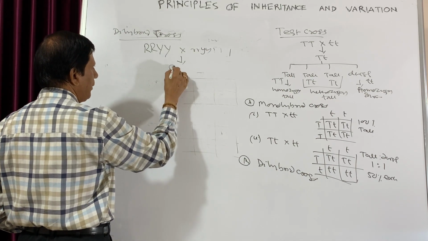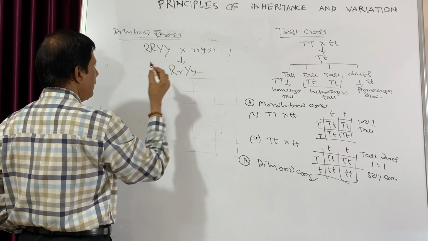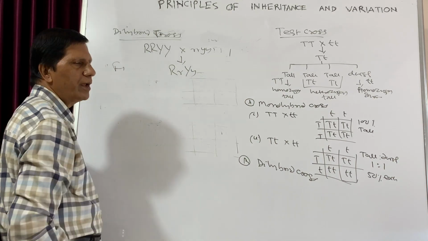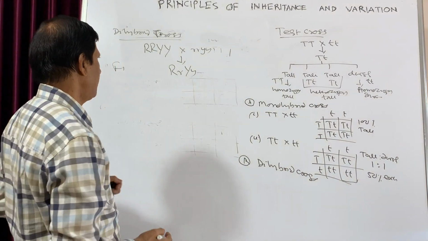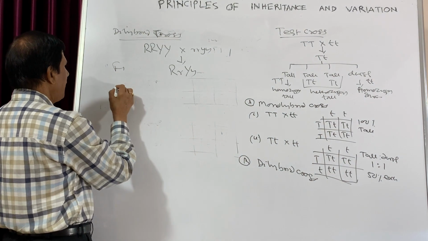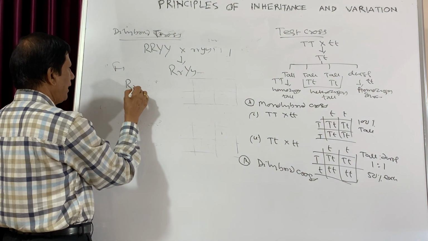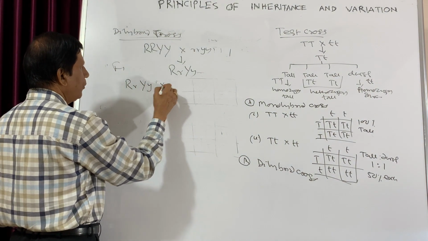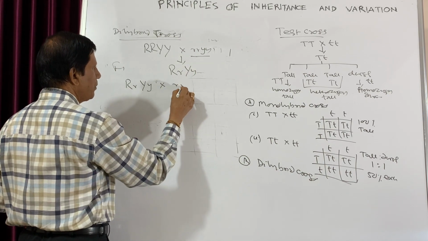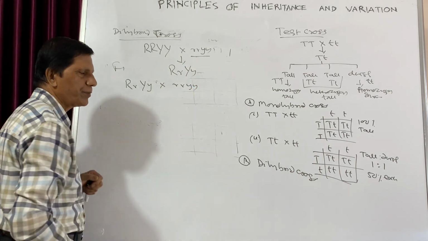So the F1 will be capital R, small r, capital Y, small y. This is the F1 hybrid. Now when we back cross it, this F1 hybrid will be crossed only with a recessive parent, small r, small r, small y, small y.